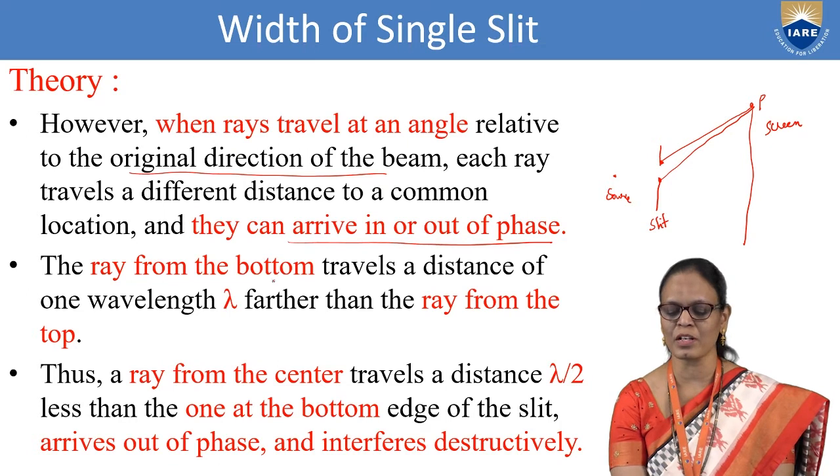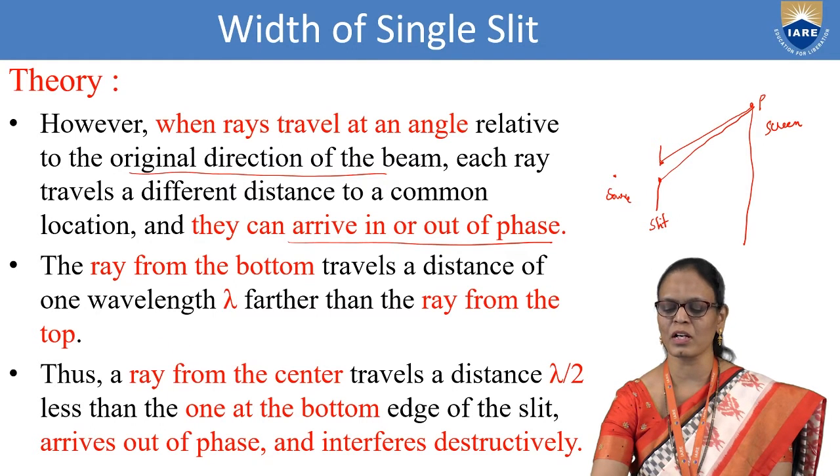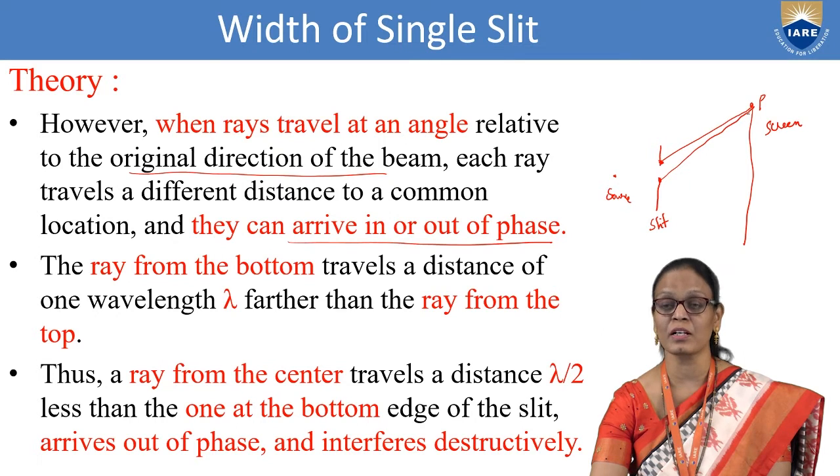The ray from the bottom travels a distance of one wavelength lambda farther than the ray from the top. So of the two rays, one from here and one from here, one is traveling a distance lambda more than the other.